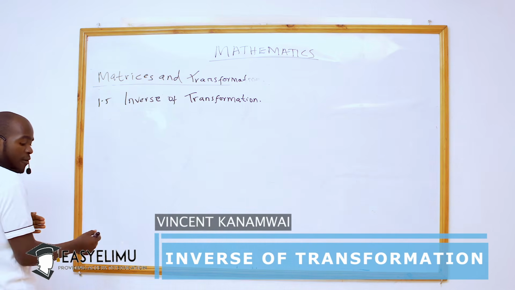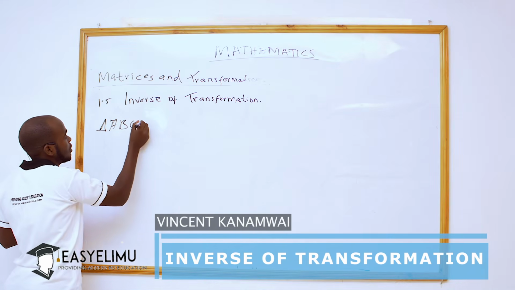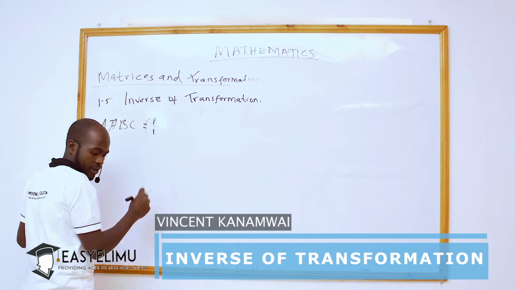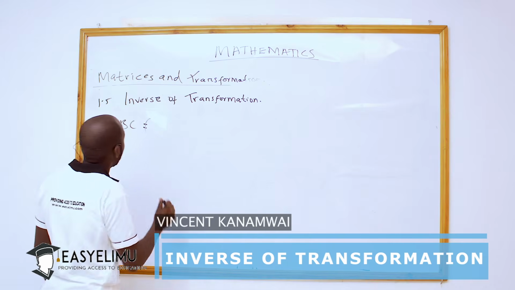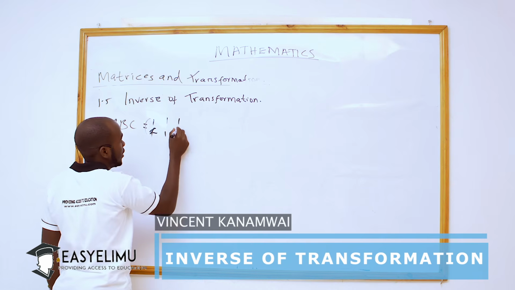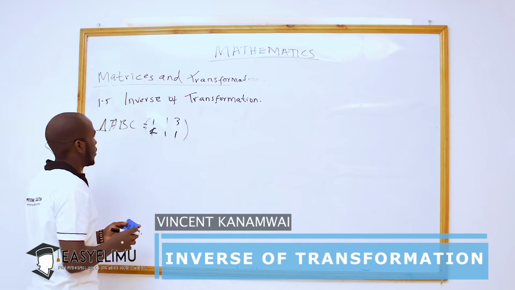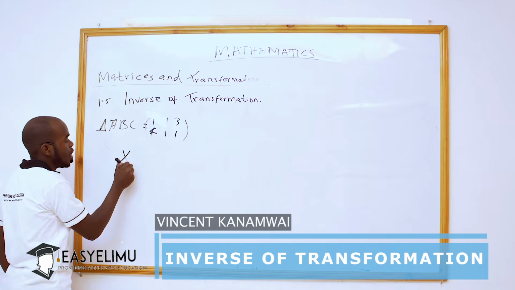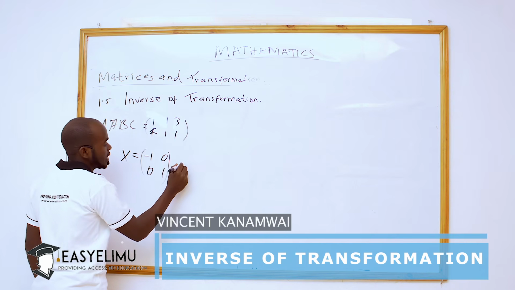For instance, let's say you are given a triangle ABC with the vertices A as 4, 1, B as 1, 4, and C as 1, 1, 1, 3, 3, 1. Given this, we can transform it through a matrix X as -1, 0, 0, 1, and get an image.